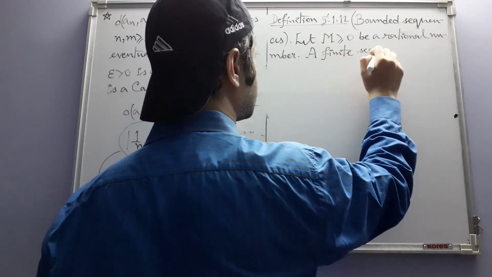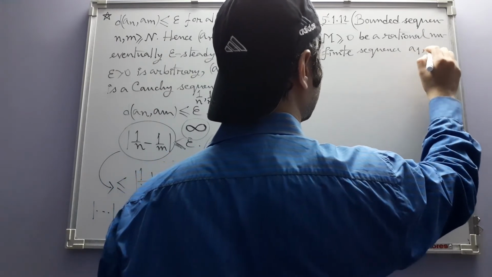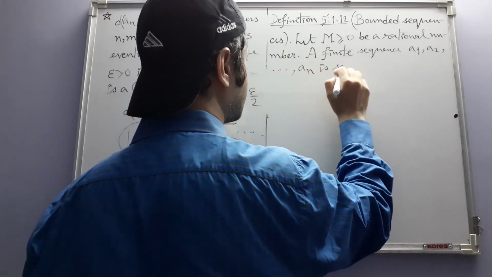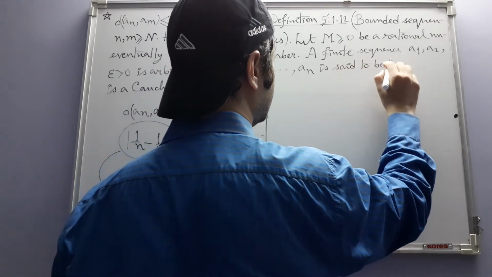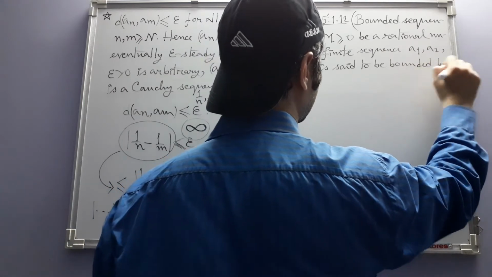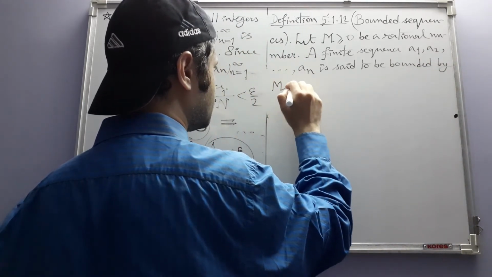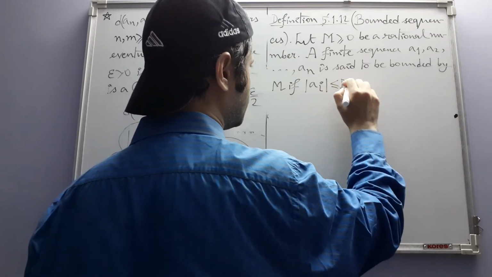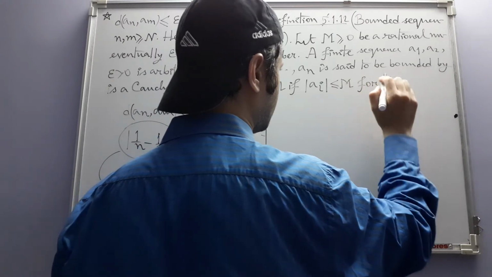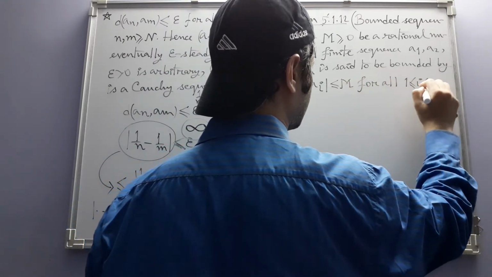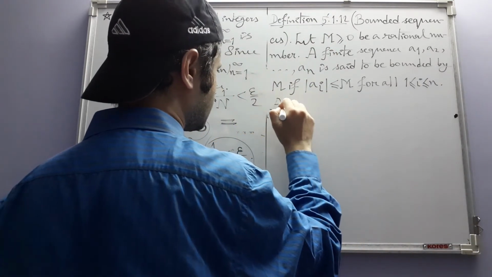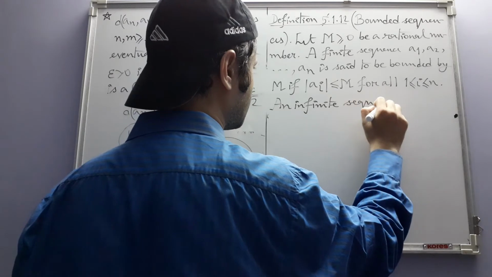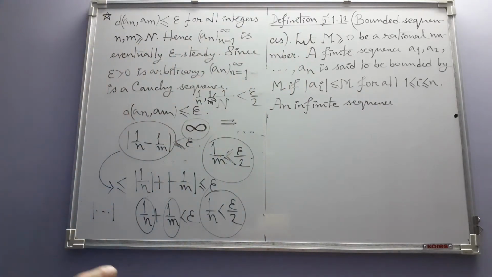A finite sequence is said to be bounded by m if these inequalities are true for all i lying between 1 and n. Sequence means sequence of rational numbers. Okay, every time we are not mentioning that.